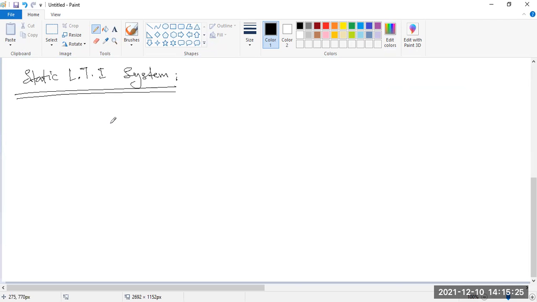Now, static LTI system. Why is this called a static LTI system?